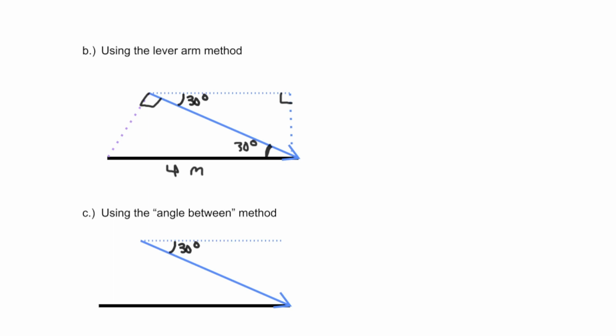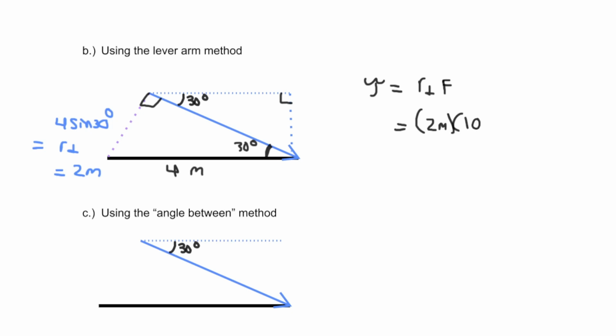So that means the purple line is just going to be 4 times sine 30 degrees, which is equal to r perpendicular, which is equal to 2 meters. So in this case, torque is equal to r perpendicular times F, which is equal to 2 meters, times the full force of 100 newtons, which is equal to 200 Newton meters again.